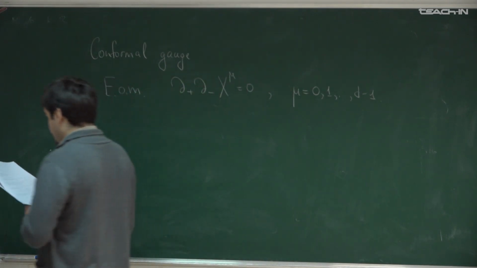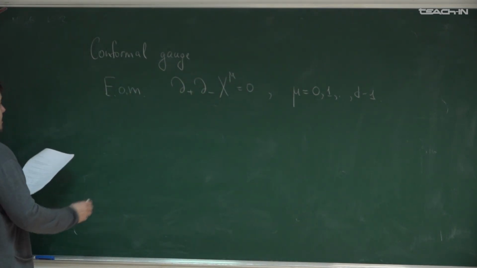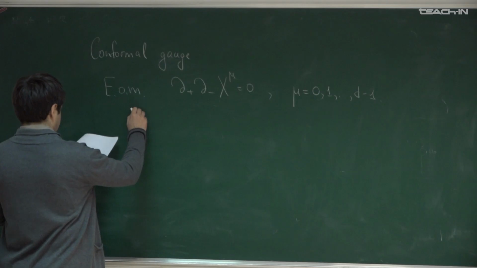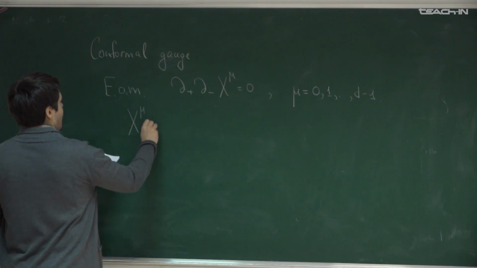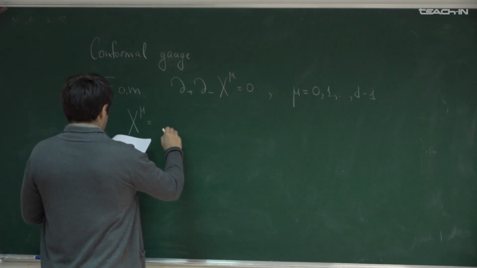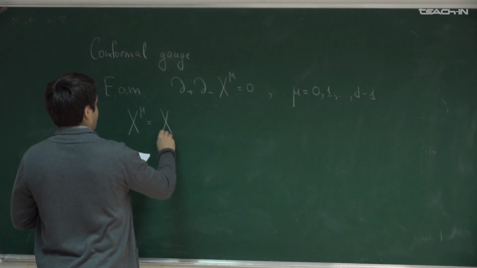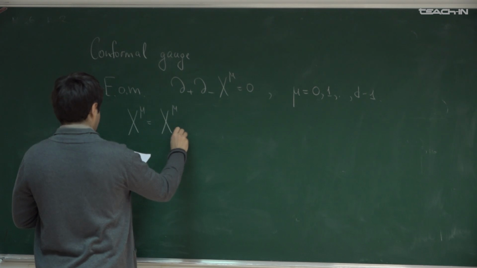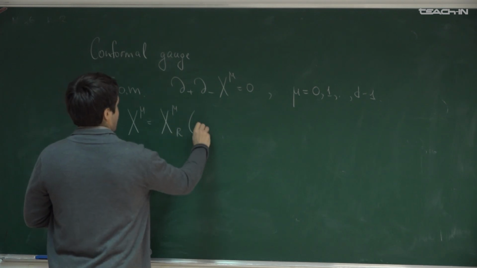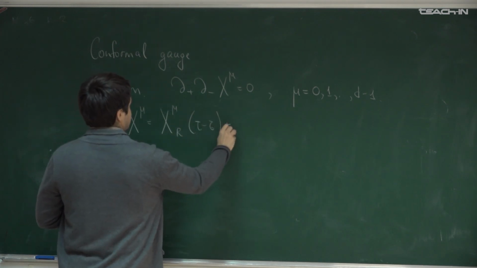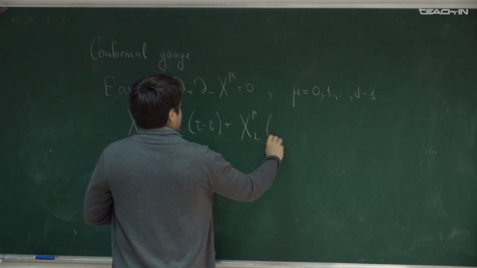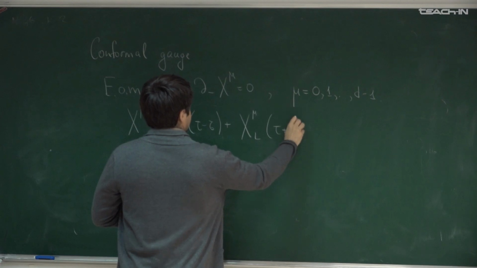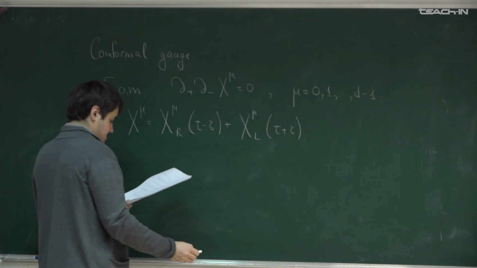In either case, we can split the solution into a left-moving and a right-moving wave: x mu right plus x mu left, tau plus sigma, and we had some expressions for x mu.